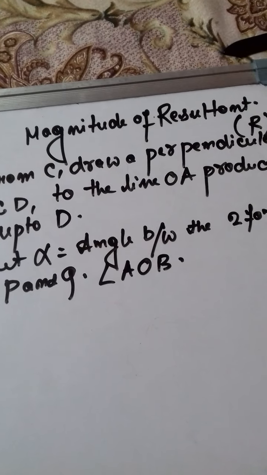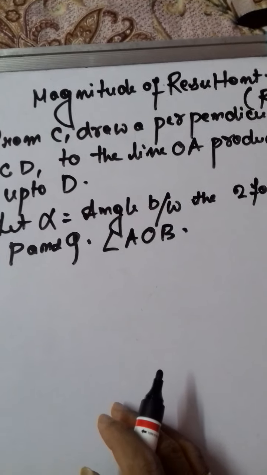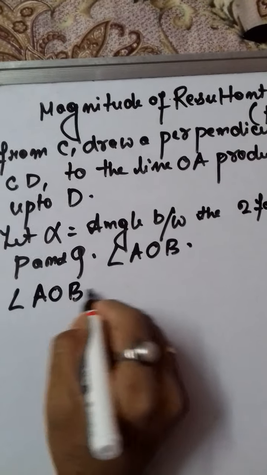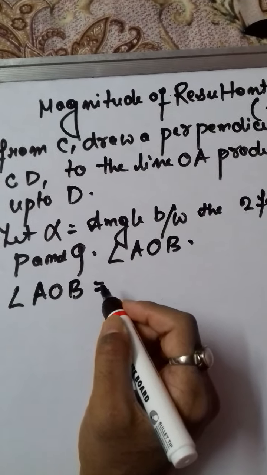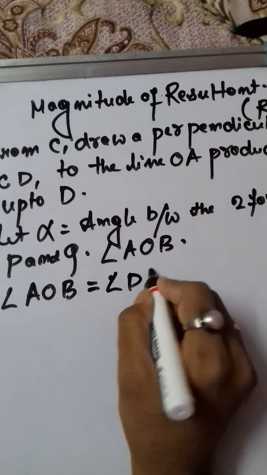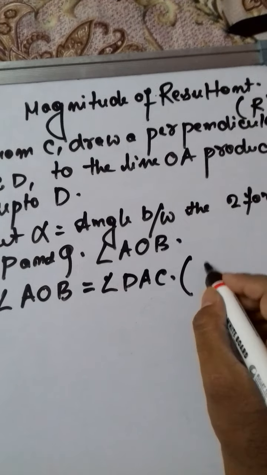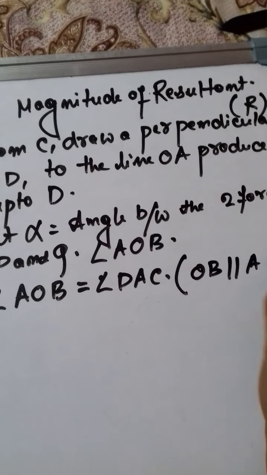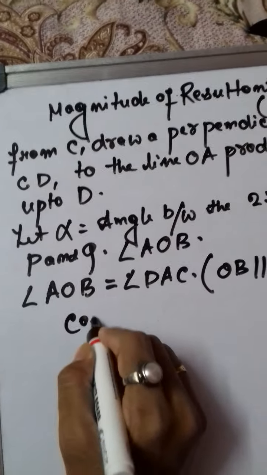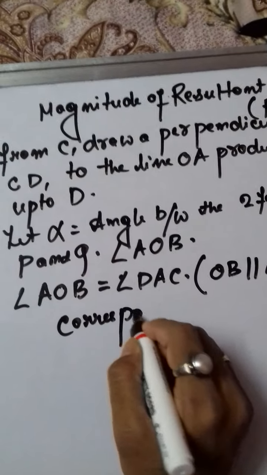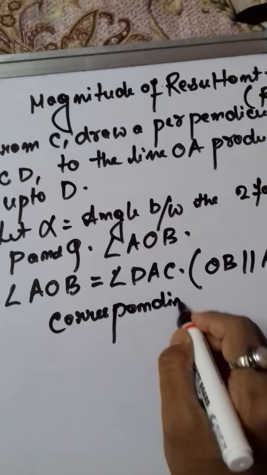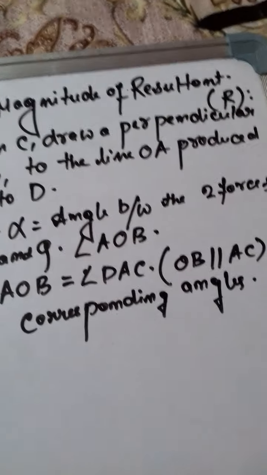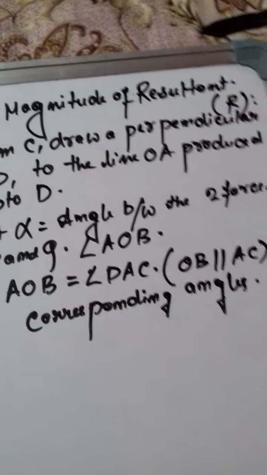Now as I have told, angle AOB must be equal to angle DAC, because OB is parallel to AC and these are the corresponding angles. So both the angles will be equal to alpha.